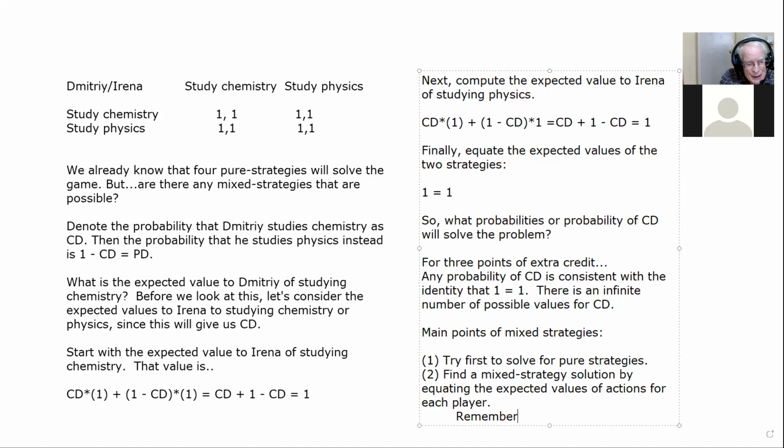Remember that to find the probability of an action, you will need to calculate the expected values to the other player.